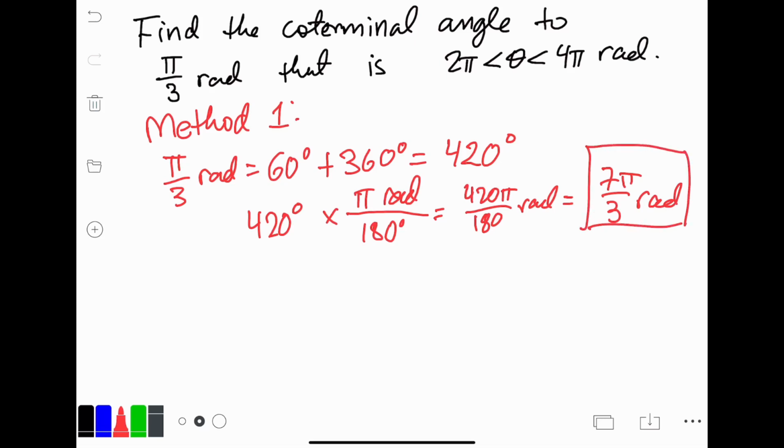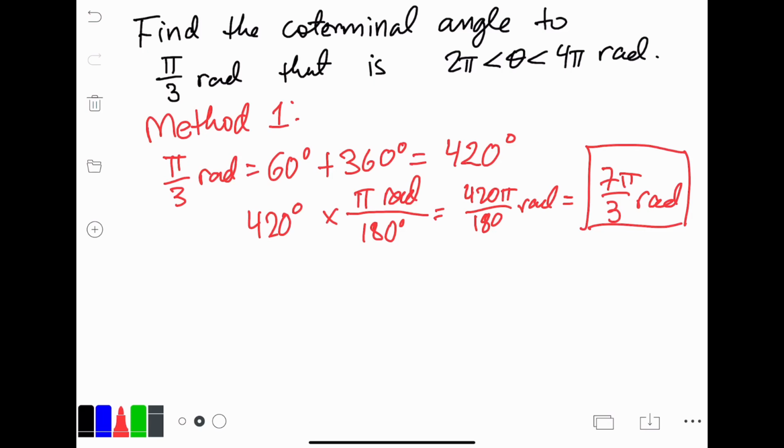This is the correct final answer. So method 1 is to convert to degrees, find the coterminal angle, and then convert back to radians.